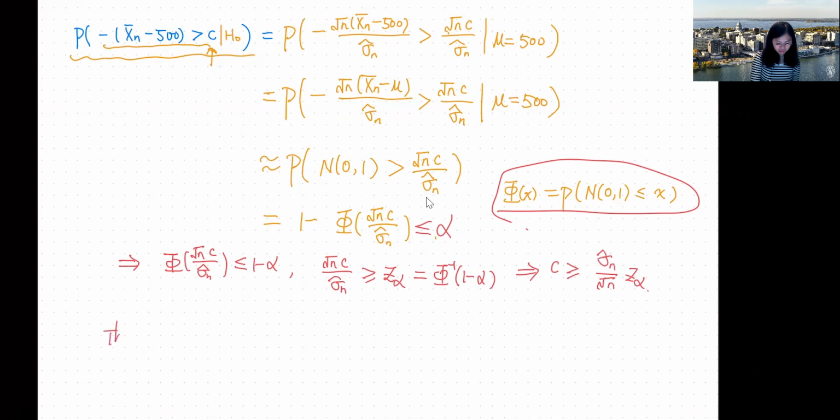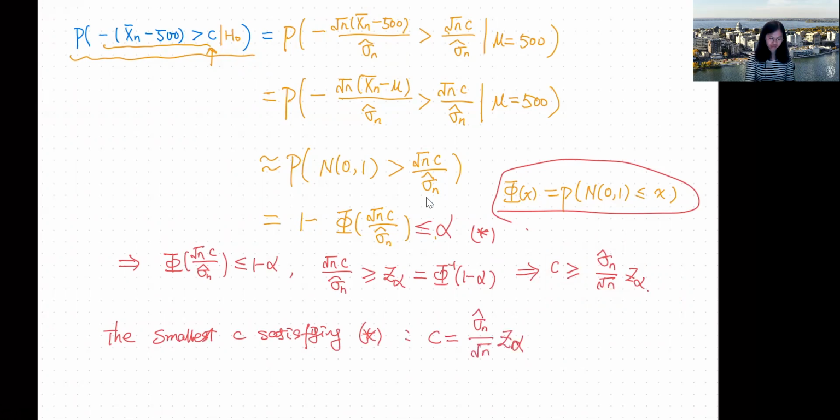The smallest one that satisfies this inequality is this lower bound, c equals sigma n hat divided by root n times z alpha.